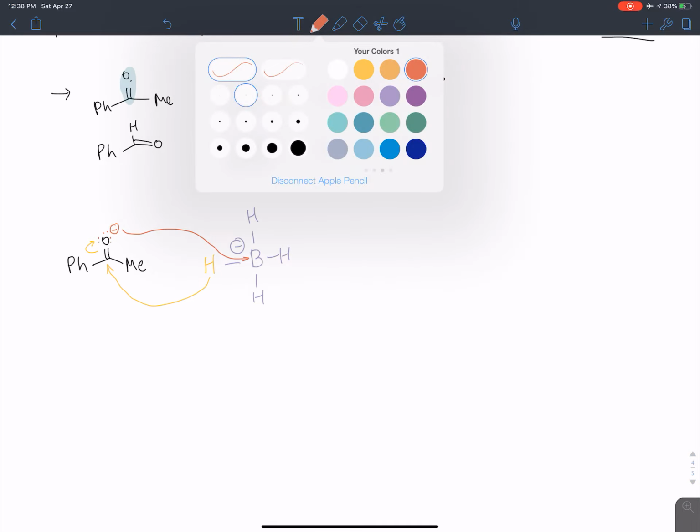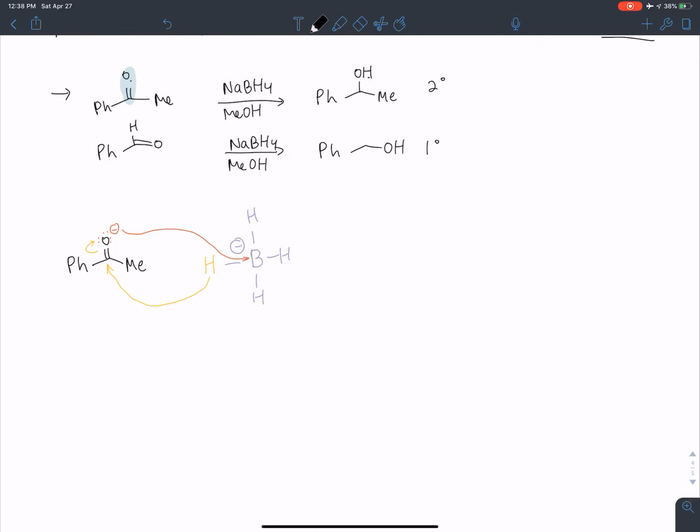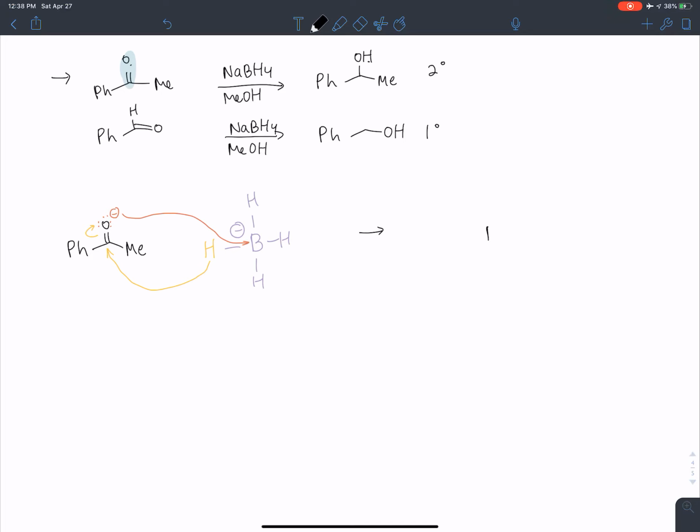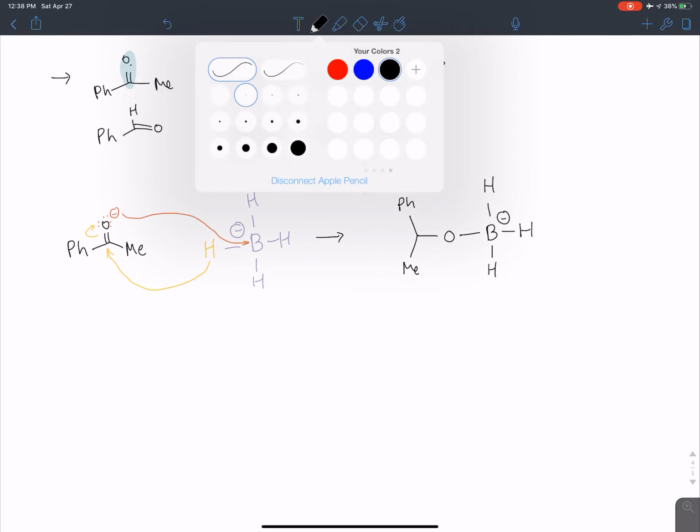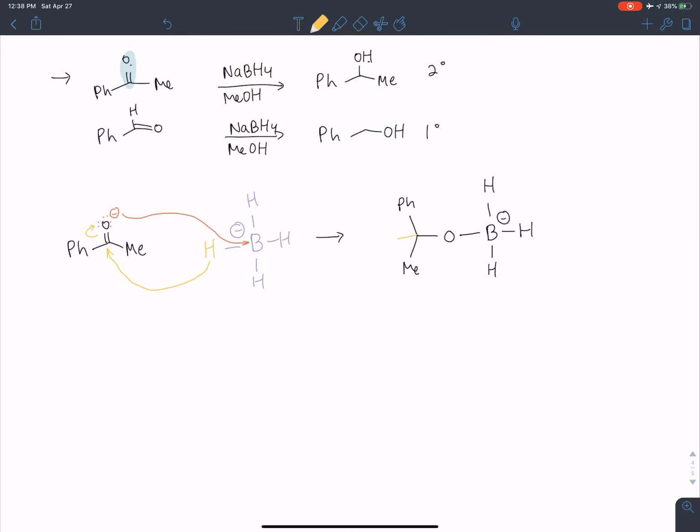Which means that in a single step, I'm going to get this. So nothing changes. Of course, there's going to be a negative sign here. And then this is going to be O, PhMe. Now, where do you think the hydrogen went? Don't forget to draw. It's going to be right here.